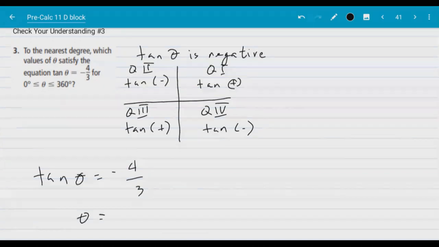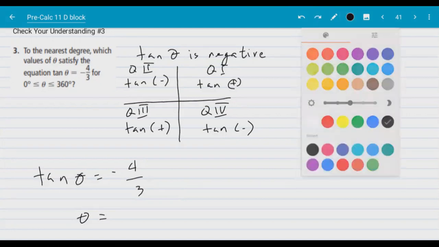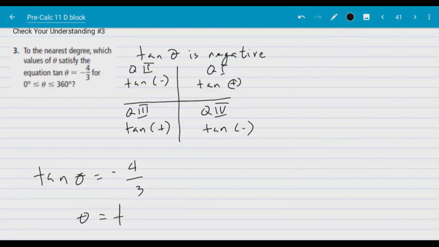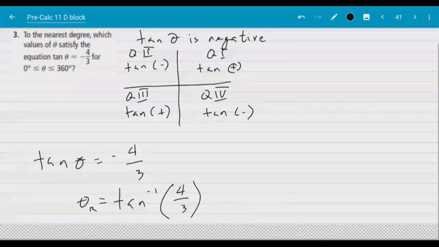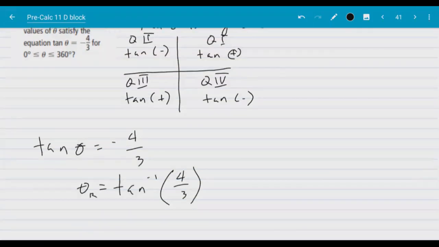However, when you use your calculator, do not put in the negative. Why? Because I want you to get the reference angle only. By doing this, you will get the reference angle from the calculator.